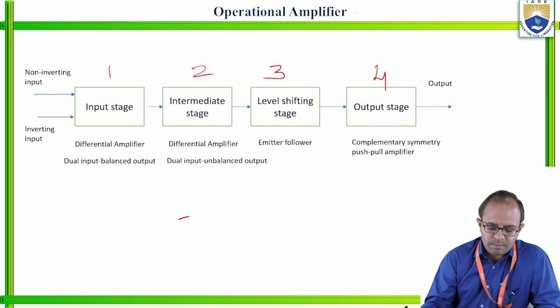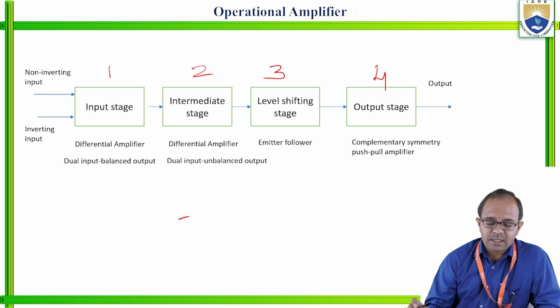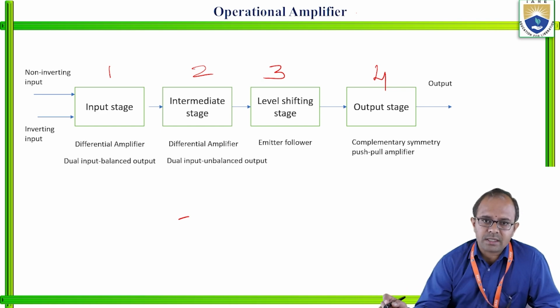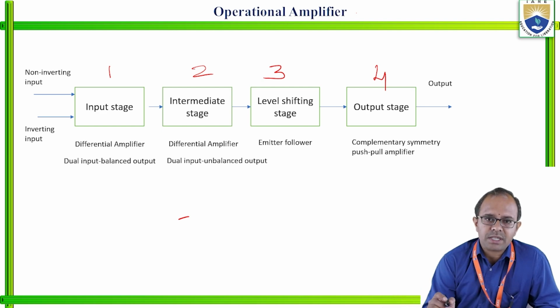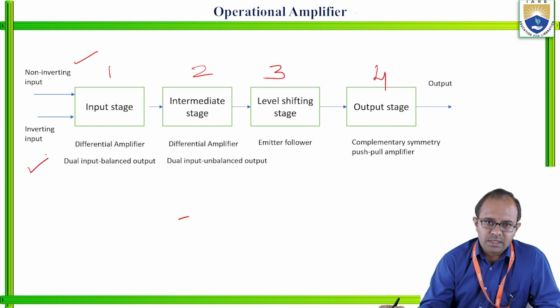The first stage is going to be the input stage, and unlike any other amplifier circuit, this operational amplifier consists of 2 inputs. What are the 2 inputs here? One is the non-inverting input and the other is the inverting input.